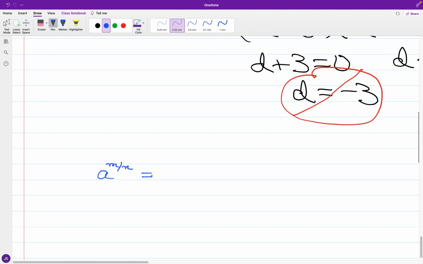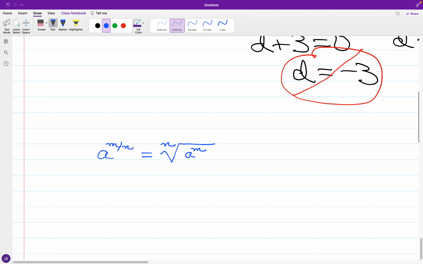So if you have a non-integer exponent, or anything in the form of a to the m over n, again, you have translating in terms of radicals. Okay, the denominator of the exponent is going to dictate just what the index number of the radical is going to be. So a to the m over n is going to be the nth root of a to the m.